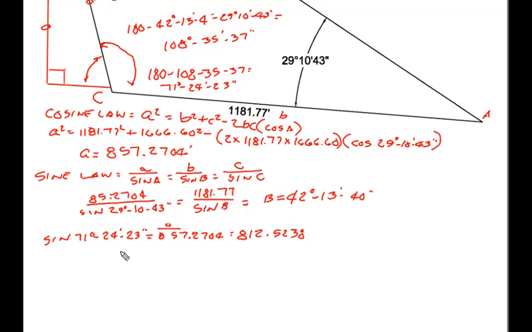Now then, the area of the triangle is equal to 1/2 the base times the height.